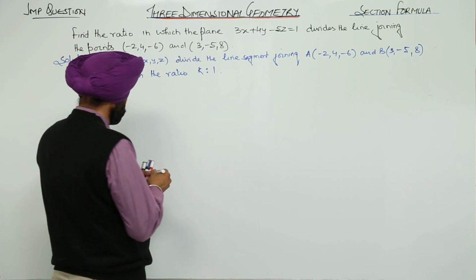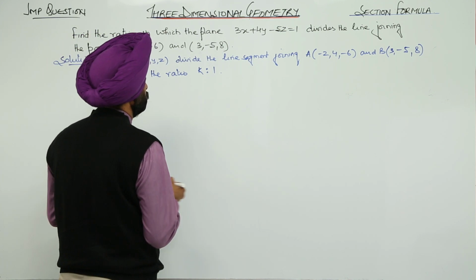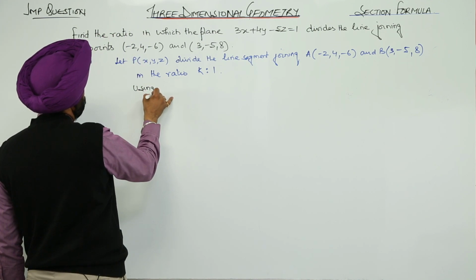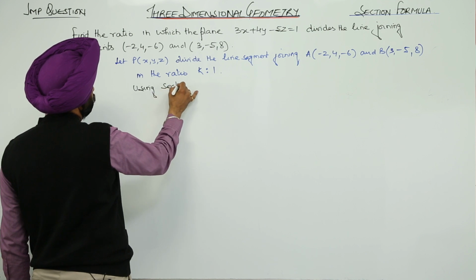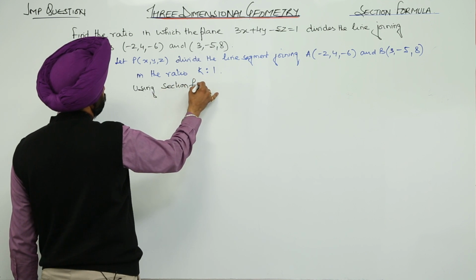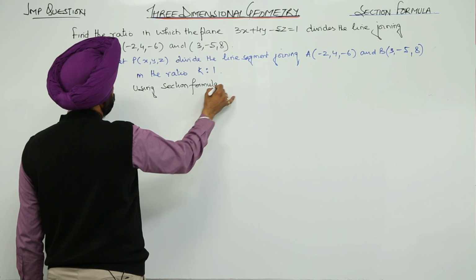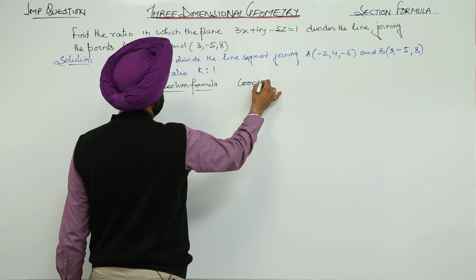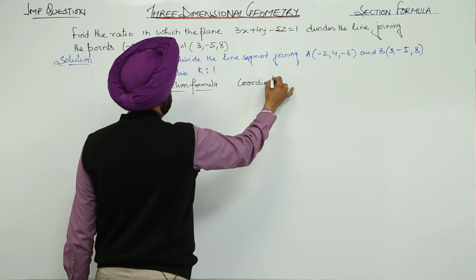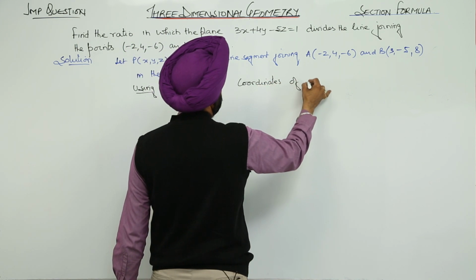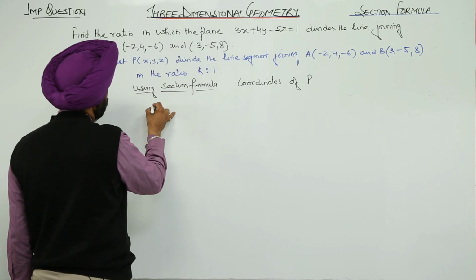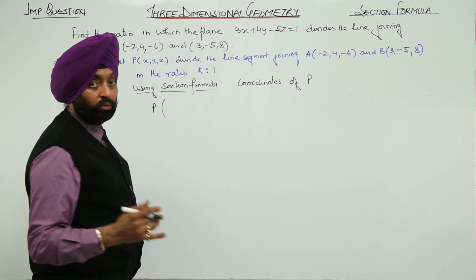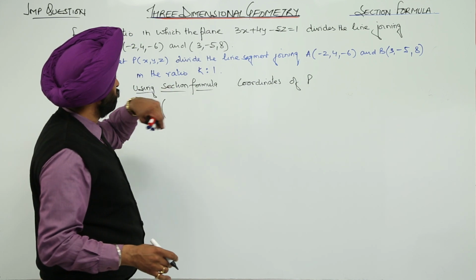Now, using the section formula, the coordinates of point P. Now we have the ratio m1 to m2 as k to 1.